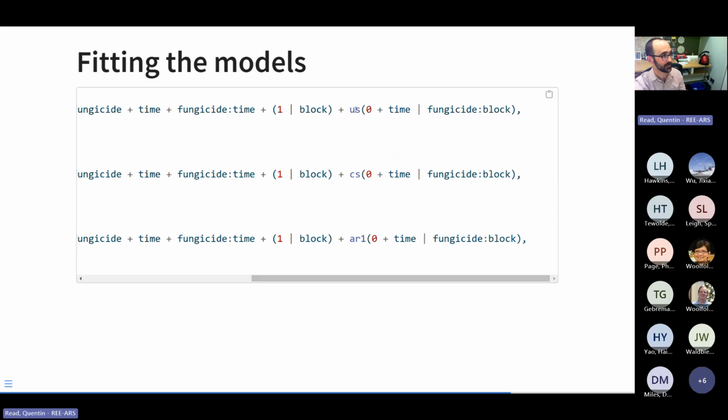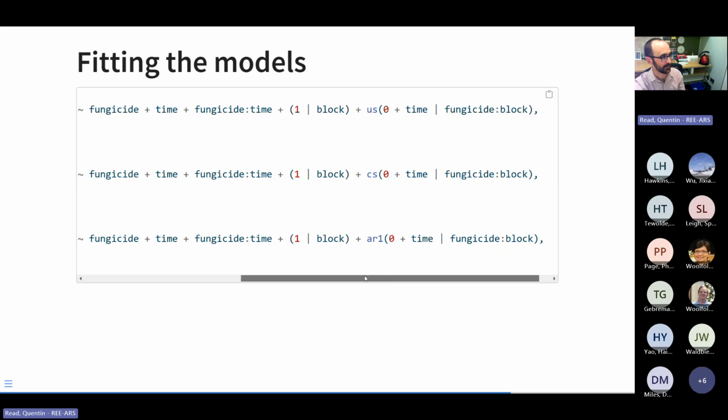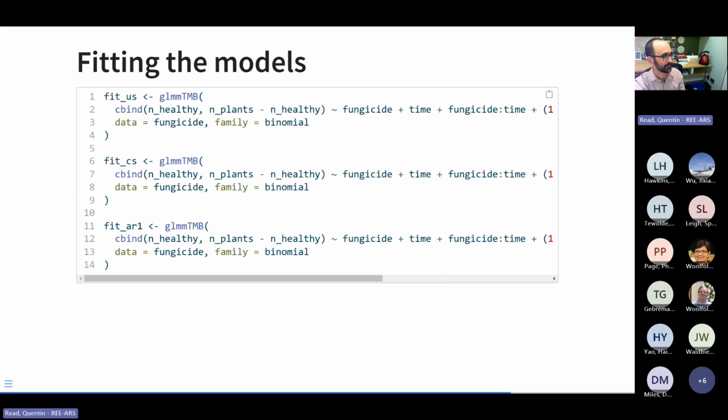Just 3 different ways: unstructured with a lot of parameters, compound symmetry, which has 1 parameter, and autoregressive, which also has 1 parameter, but has a different assumption about how the time points are related. Other than that, we have the same data and the same binomial response family every time. And we're using the glmmTMB function, which lets us fit these mixed models with special error structures.